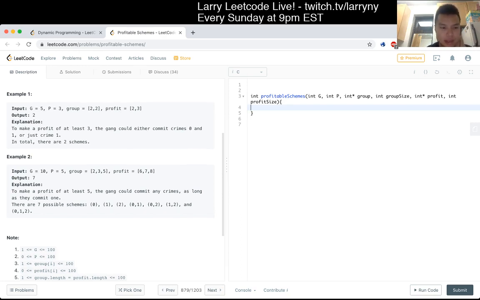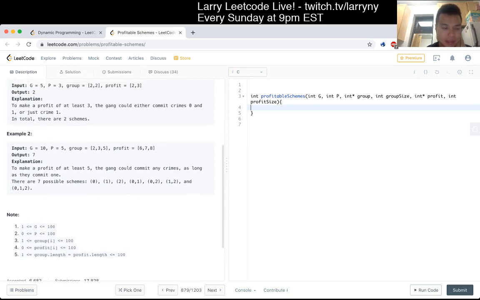I think the tricky thing for this one may be making sure your base case is right, because even though you finish something, you might have to keep going a little bit, or you have to count the number of possibilities if you keep going. So let me play around with that.